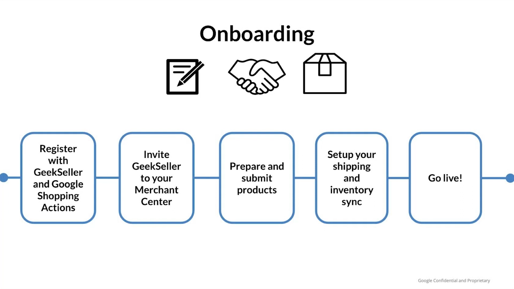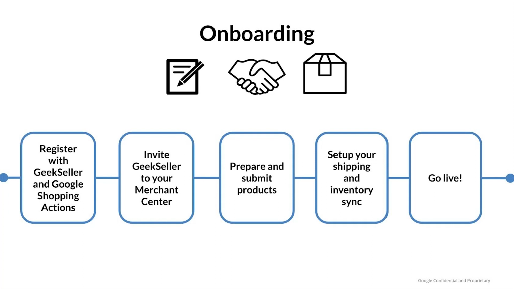That's just so that we can help you prepare and submit your products. And then the heavy lifting will be in setting up your shipping and inventory synchronization. That just means that you'll need to decide where we're pulling your inventory information from and where we're sending it out to. And then, of course, we can synchronize with other marketplaces that you already have set up with GeekSeller.